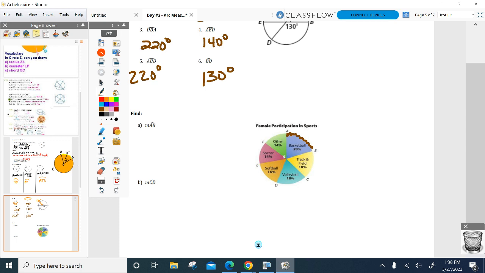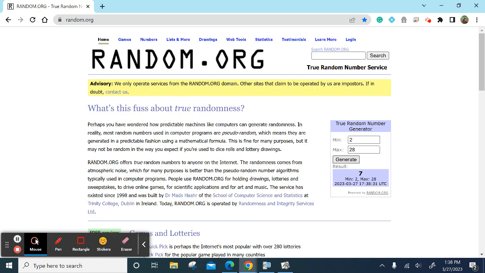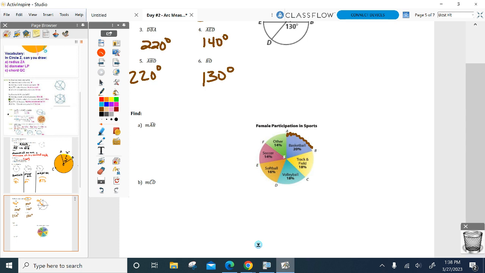How do I take 20% of 360, by the way? It's easy to say, but how do I take 20% of 360? 0.8? That's 80%. 0.2, thank you. 360 times 0.2.